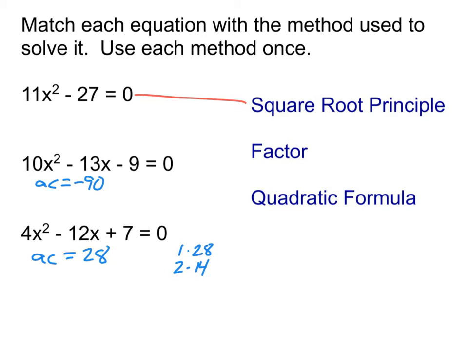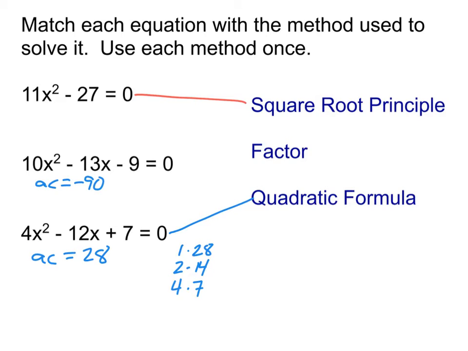So, sorry, that's not a winner either. 3, I'm not going to check continuing my list here. 3 does not go into 28. 4 does. 4 times 7, of course, is where we got it from. Can I make 12 out of 4 and 7? No. Nope. And I've just exhausted all the different ways to get 28. So by doing that, we just showed it cannot factor, therefore we have to use quadratic formula.